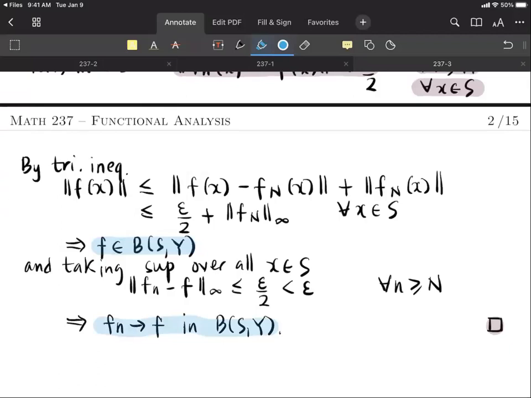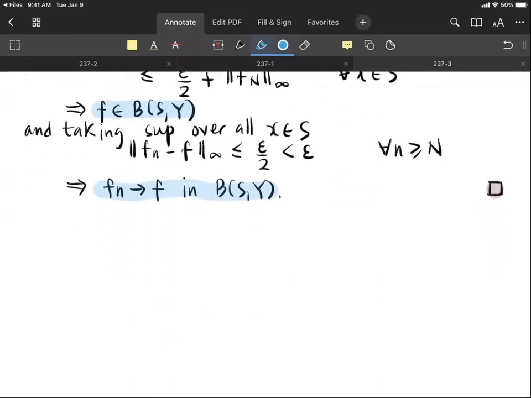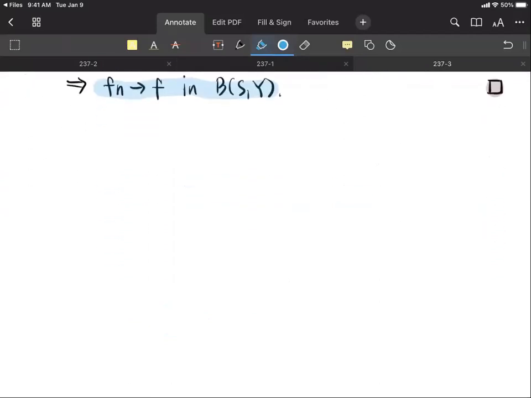Okay. Now, last time we have shown that if you have a metric space X, you can embed this into a complete metric space X bar via some isometry.